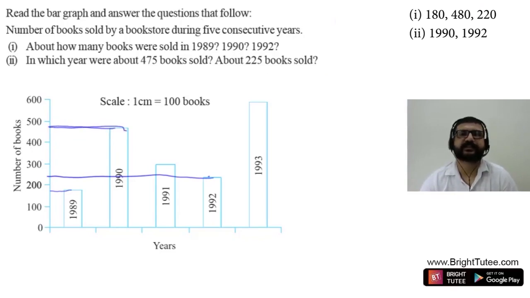So the answer for the second question will be 1990, and then we have to tell in which year about 225 books were sold. Now as we can see from the data, 225 books were sold in the year 1992. So it will be 1992.